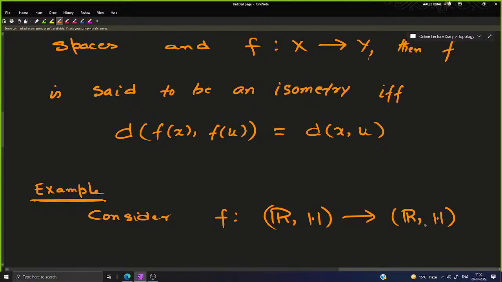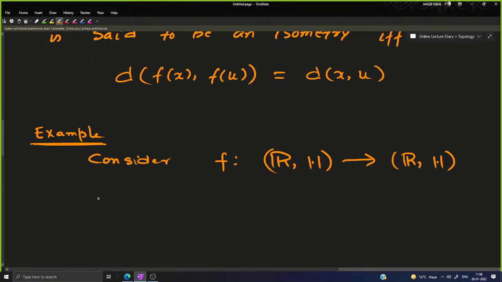Domain space and codomain space also are with the usual metric. और मान लीजिए the function is defined by f of x is equal say x plus alpha where alpha is some real number.